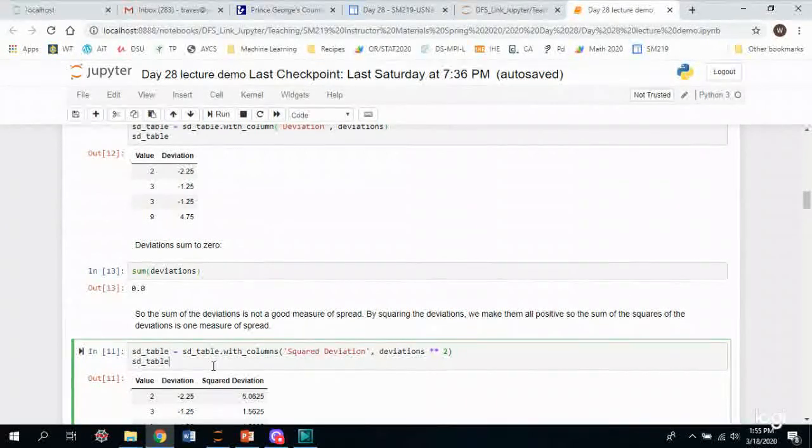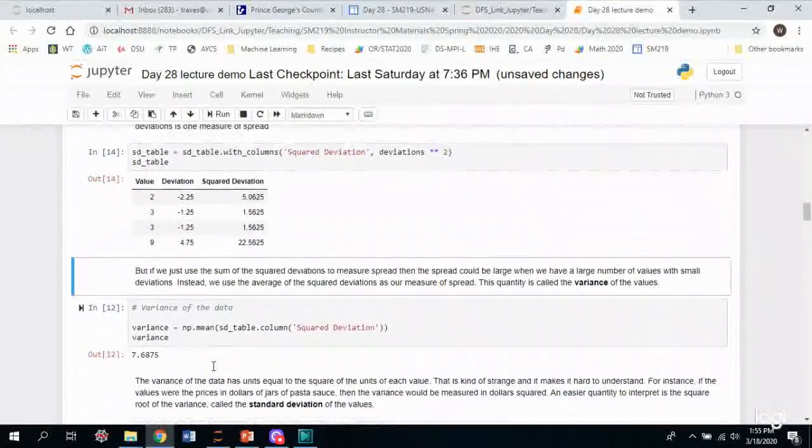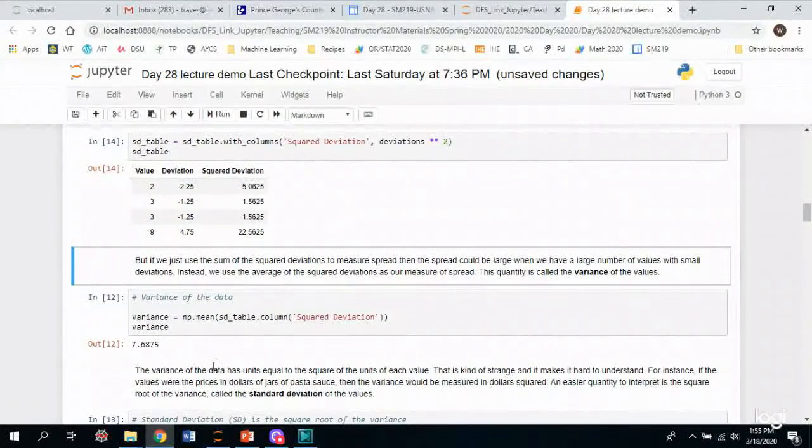And here we'll just add an extra column to our table consisting of the squared deviations. The squared deviations are, of course, always bigger than or equal to 0, and so the sum of those squared deviations is a good way to measure the spread.